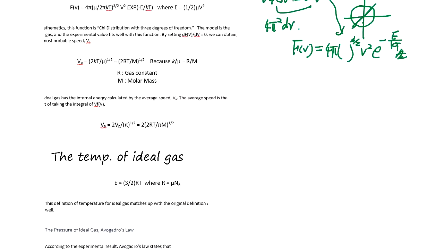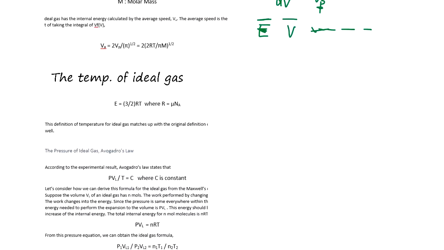We can take a derivative by dv to find the peak, the maximum. Using this distribution, we can get the average energy, average speed, and all the statistics. So how do we relate that to the ideal gas that we observe?